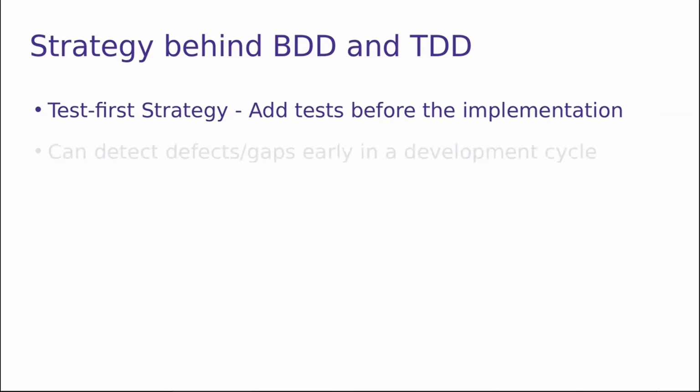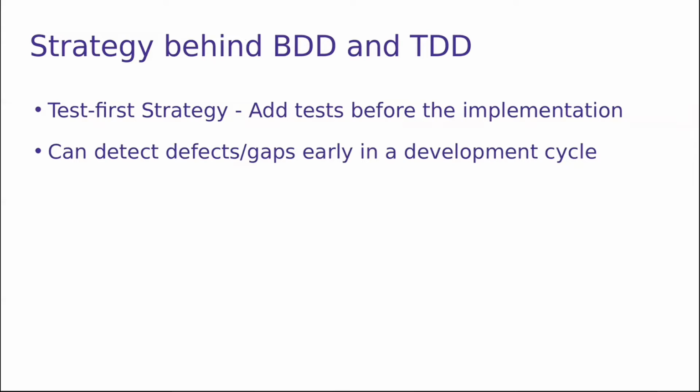Because when you only implement what should be tested and hopefully it's in line with the requirement, then you can avoid a lot of defects, and also if there are any gaps you can identify them as early as possible. And you might know, the earlier you identify a particular gap, it's easier and cheaper for you to fix it.